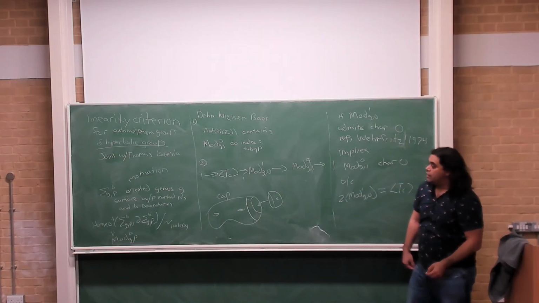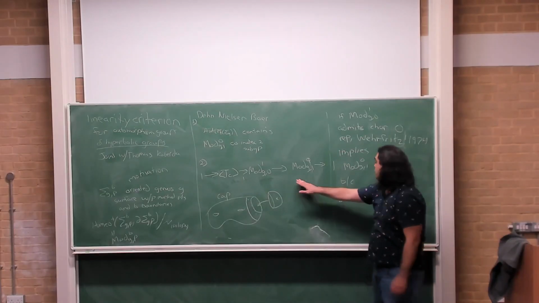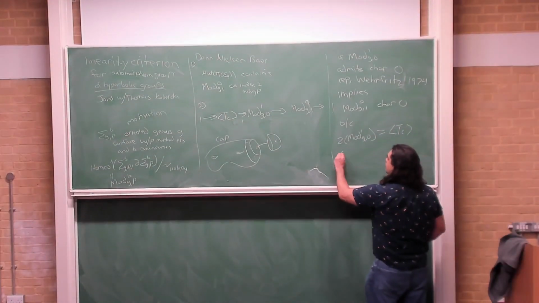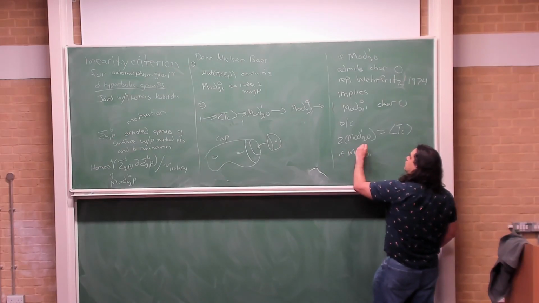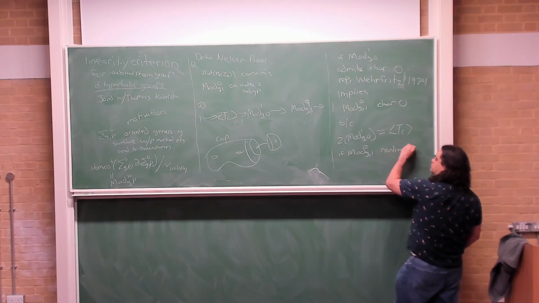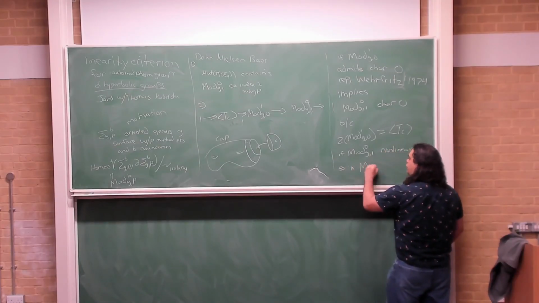So if this were linear, since this is the center, this would have to be linear. So the takeaway is that if this is nonlinear, so is this group.